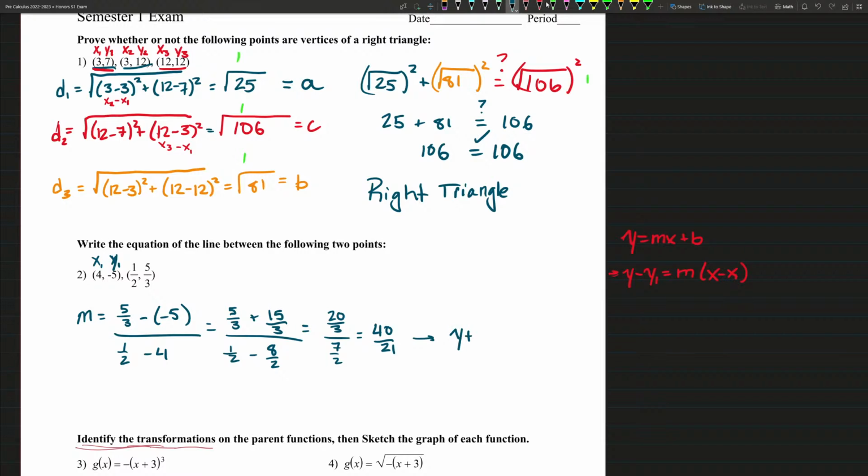So we have y plus 5 is equal to 40 over 21 times x minus 4. And that's an answer. There are different answers, right? We could use x2, y2. We could use slope-intercept form. There's a bunch of different answers. This is the one that I'm going to show you because I think this is the easiest, and then we're done.